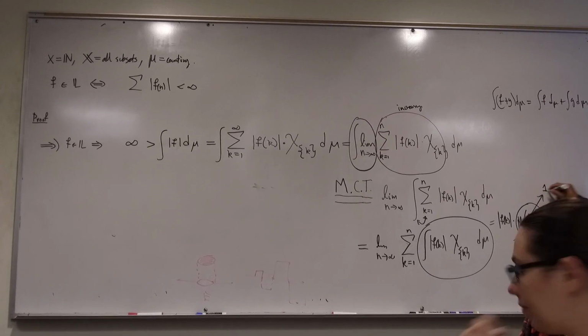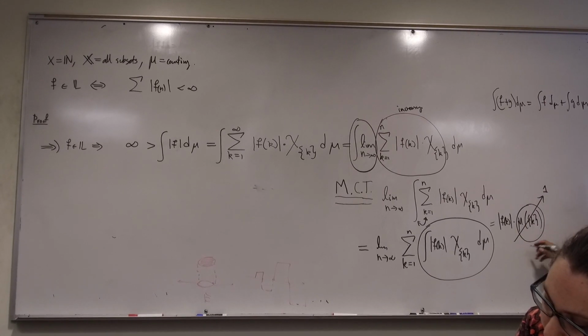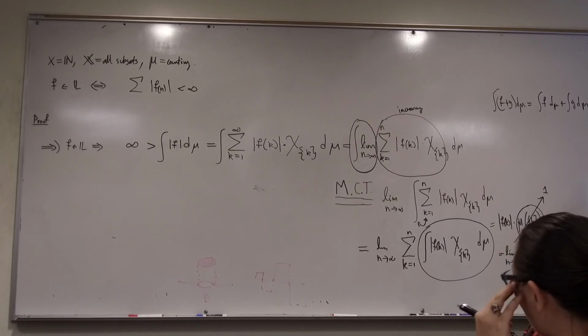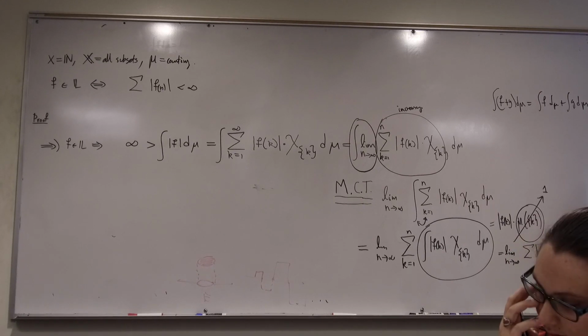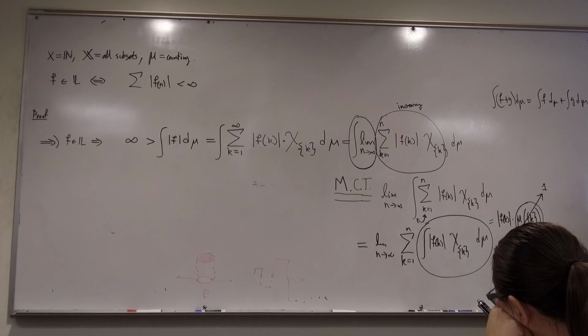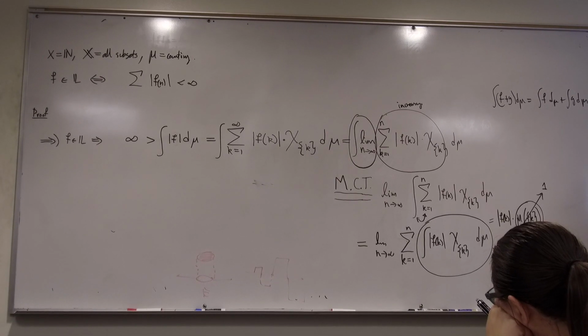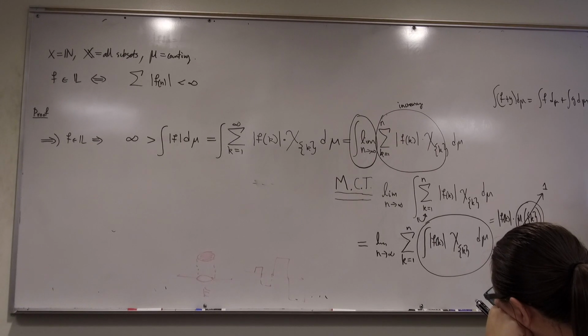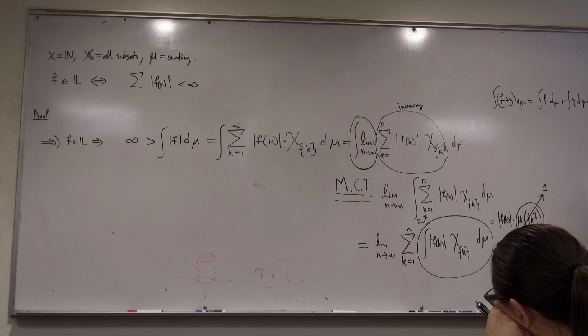So that's one. Yes? So therefore, the final answer is the limit as n approaches infinity of the sum of f of k times 1, from k equals 1 up to n. But the limit of the partial sums is the infinite sum, right?